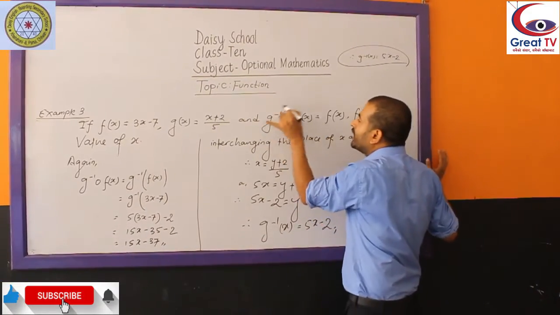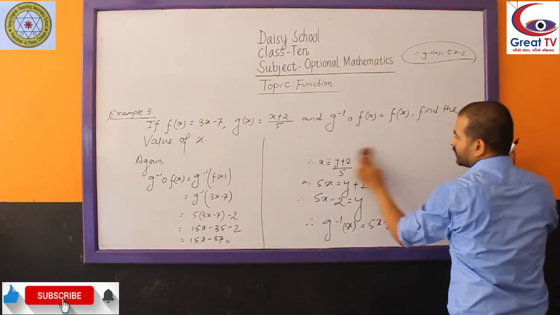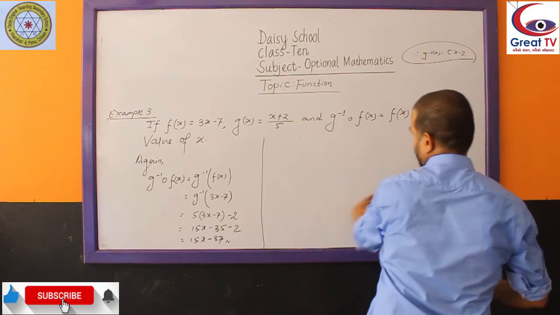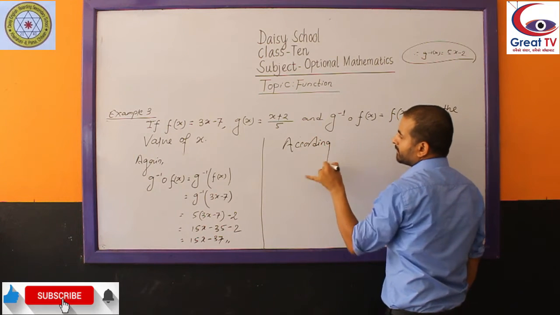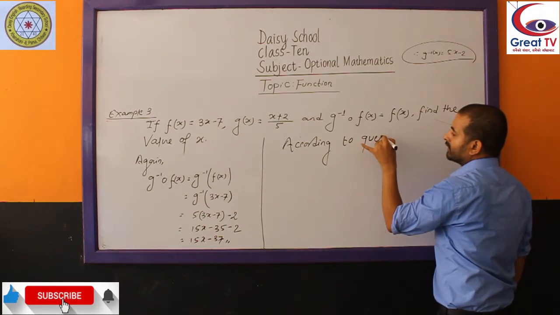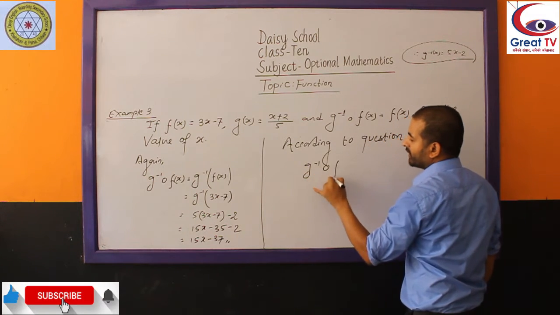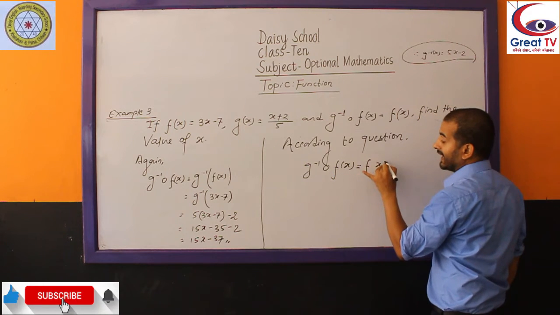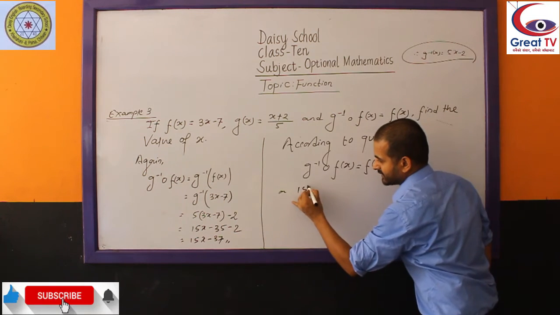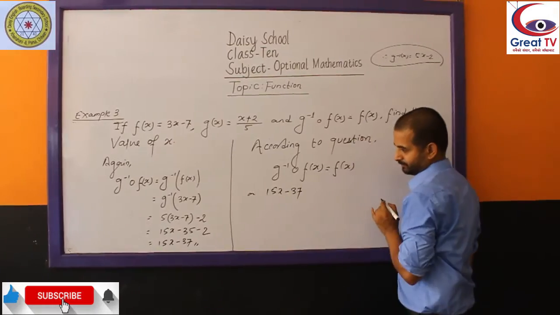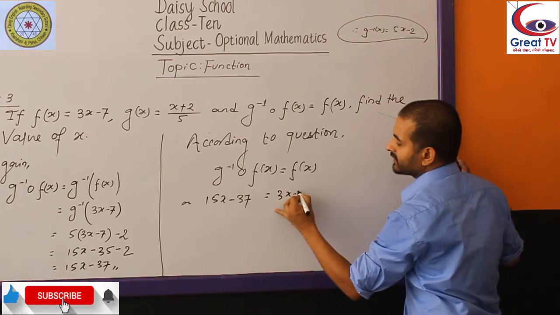Now we have to make it equal according to the equation. According to the equation, we have one important relation given: g inverse o f(x) equals f(x). That means this whole part, what we got here, 15x minus 37, equals f(x), and you can see f(x) has the value 3x minus 7.